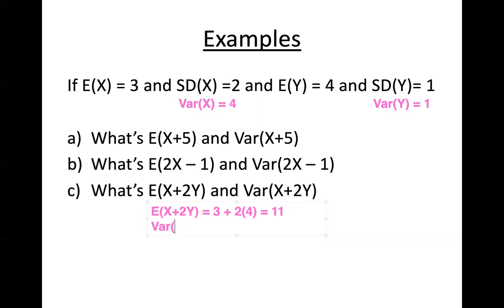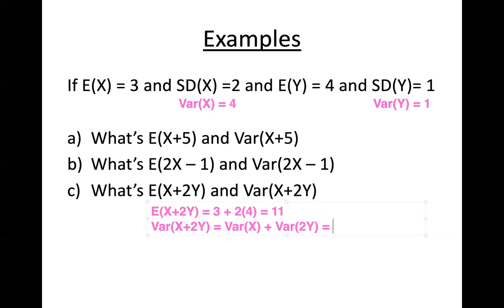All right, for variance, using these properties, again, we're assuming that these are independent already, so we can use this property. This is going to be the variance of x plus the variance of 2y. Always adding.